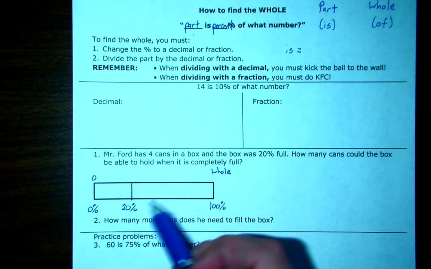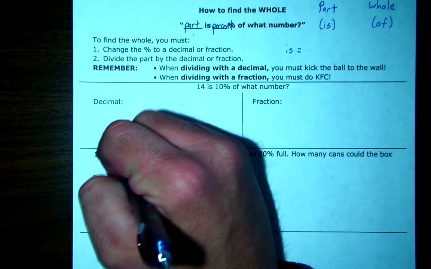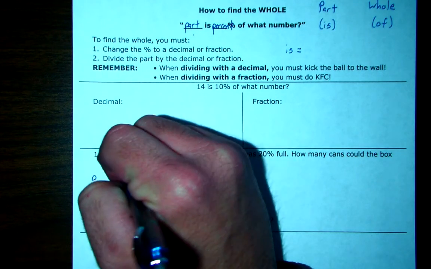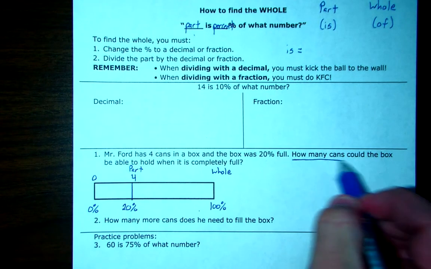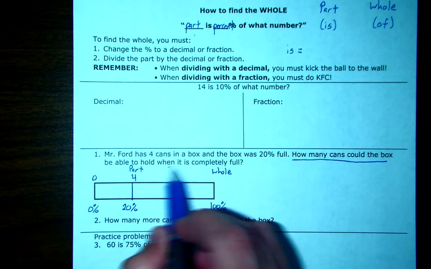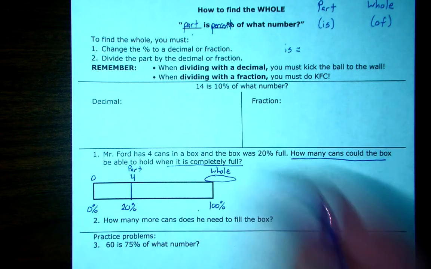When it is 20% full, it holds 4 cans. So that is my part. Plus, we're trying to figure out how many cans when the box is completely full, so we're trying to figure out the whole right here.